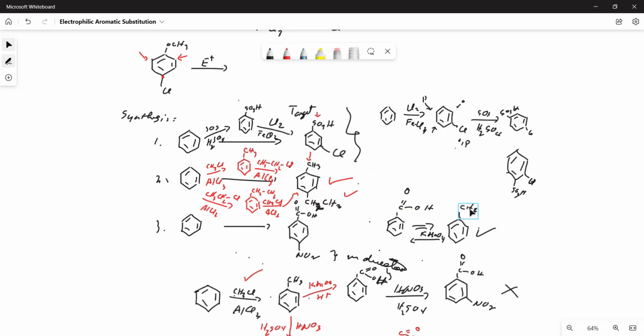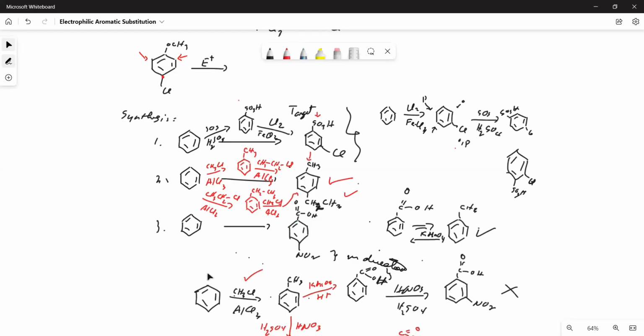And methyl can be attached directly by Friedel-Crafts alkylation reaction. So therefore, this reaction involves 3 steps. So the question now is, what is the first step? What is the second step? And what is the third step?